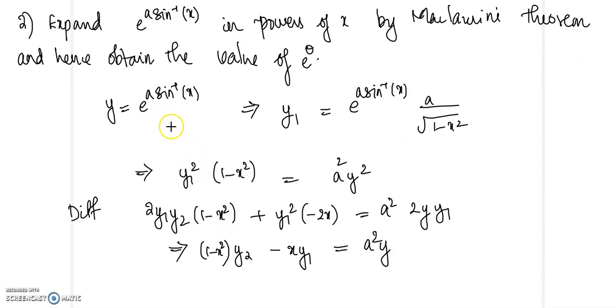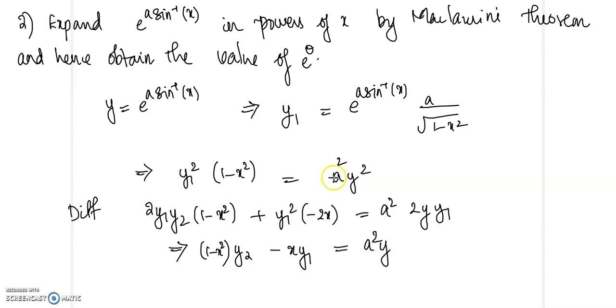Okay. So we have y equal to e raised to a sine inverse of x. So the first derivative is e raised to a sine inverse of x into a by root of 1 minus x square. So let me square on both sides. So that will give y1 square into 1 minus x square equal to, now this is y, so a square y square will come.